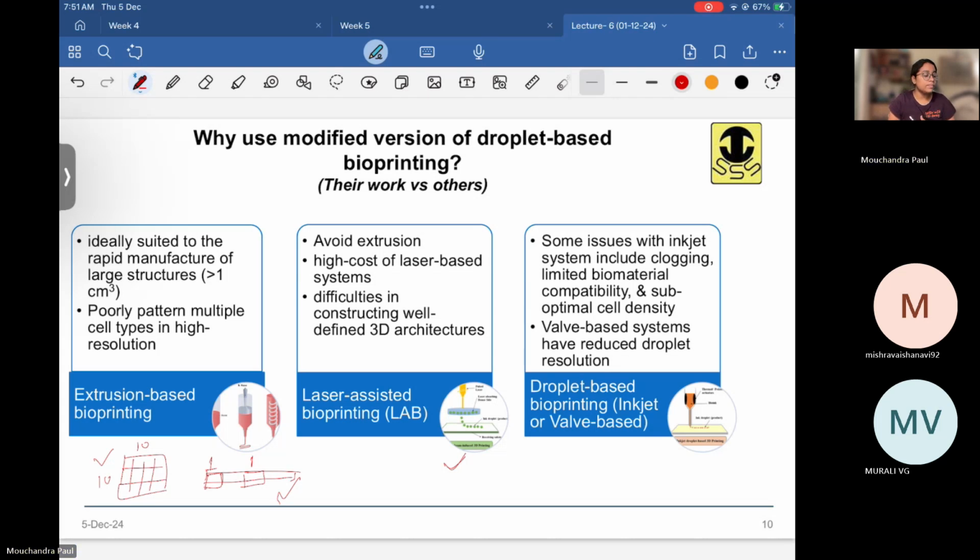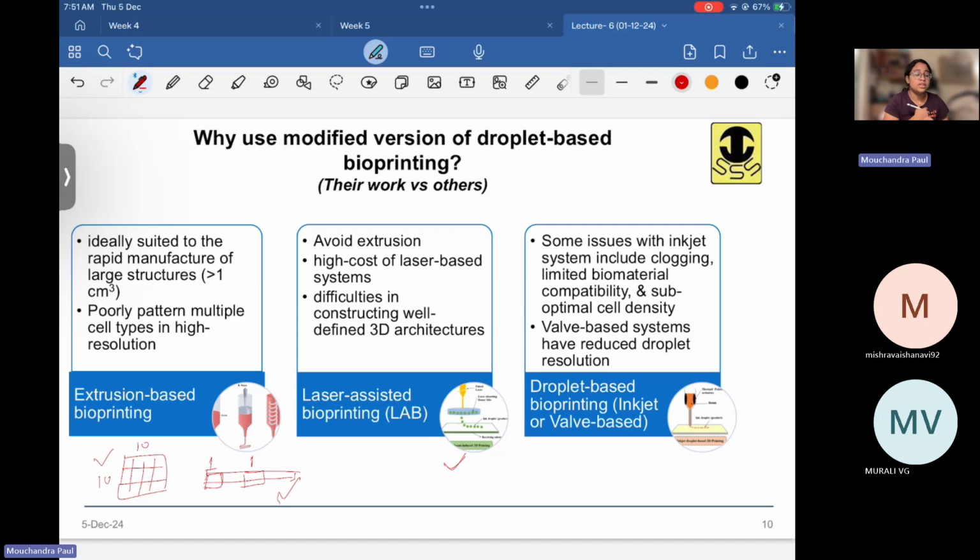So this technique's advantage is obviously that it avoids extrusion. When we talk about avoiding extrusion, that means we are avoiding any shear forces that can cause cell death. But the disadvantage is it's a very high cost technique because the cost of the laser is quite high, and it is not very well designed to make 3D constructs.